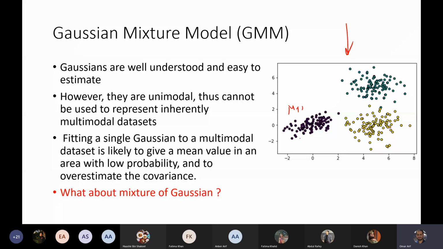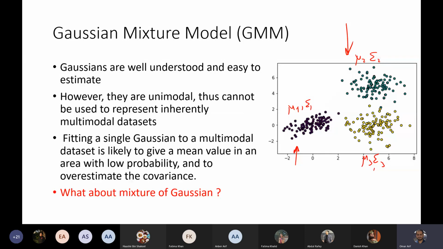Similarly, mu2, sigma2 and mu3, sigma3. So if you know these 6 parameters, then the job is easy. You can easily compute the overall probability.